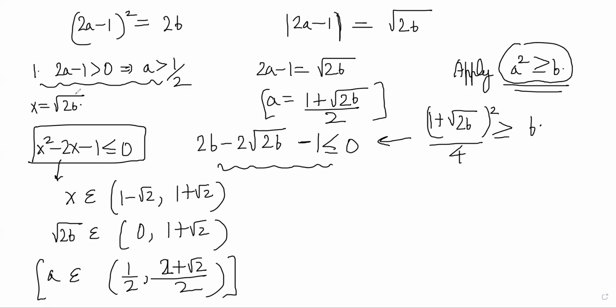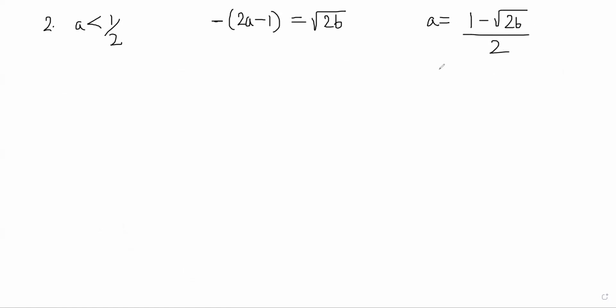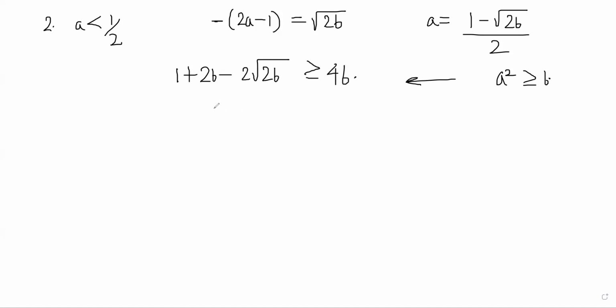Now for the second subcase, where a is less than half, you have basically minus of (2a minus 1) is equal to root 2b. We follow the same steps. We can write a as 1 minus root 2b by 2 and say that a square is greater than or equal to b. From there, you get an inequality like this: 1 plus 2b minus 2 times root over 2b is greater than or equal to 4b.